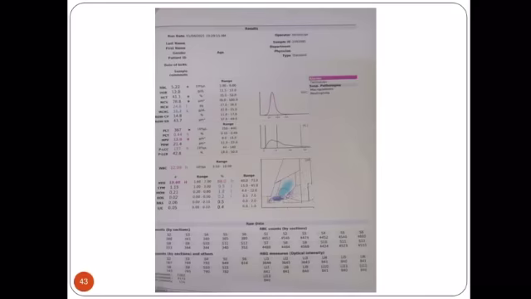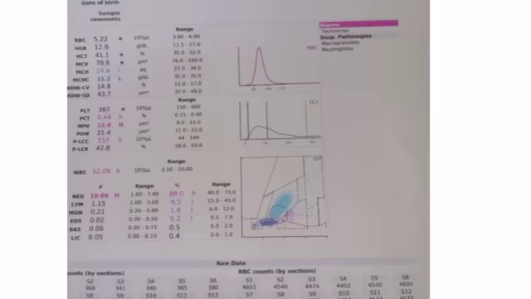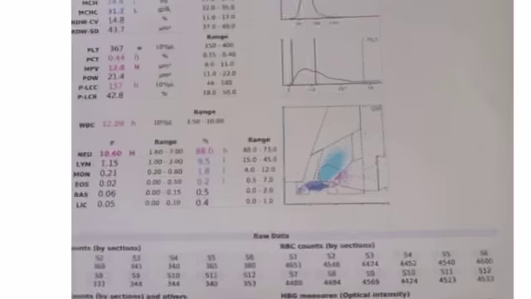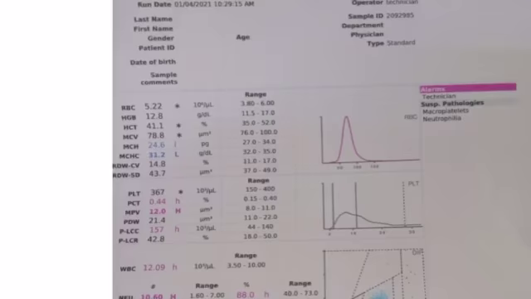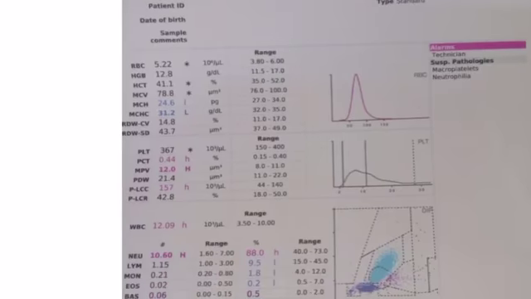This is a strip of our 5-part cell counter. In this you can see a scattergram. First is an RBC graph. You can see the single peak, while the second is for the platelet. We have to see all the platelet parameters. First, whether the RBC parameters MCV, MCH, MCHC, RDW are within the normal range or not.